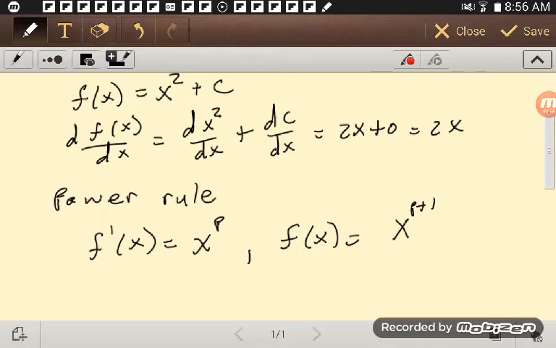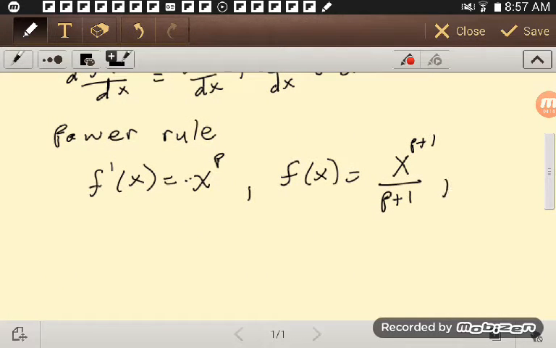But since there's no constant in front of there, actually we had to divide by p plus 1, and so this is true for every p not equal to -1.